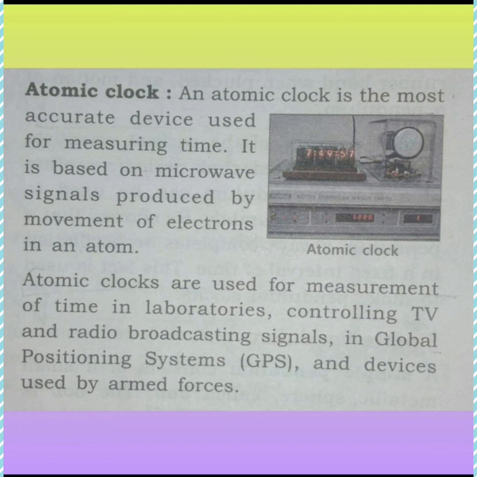You know electrons. It is used in laboratories to get accurate measurement of time, controlling TV and radio broadcasting, signals in GPS, meaning global positioning system, and devices used by armed forces.